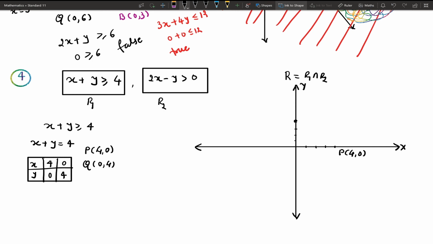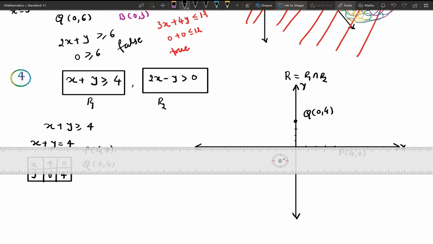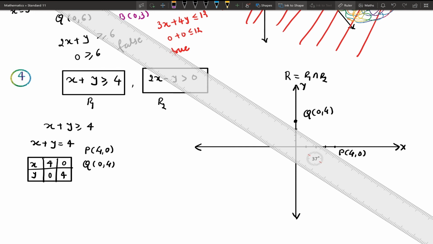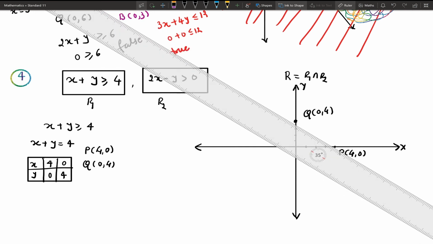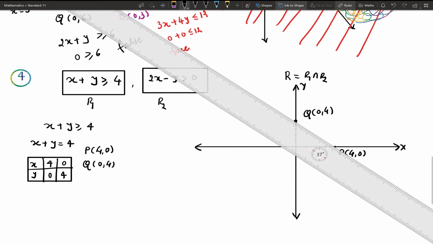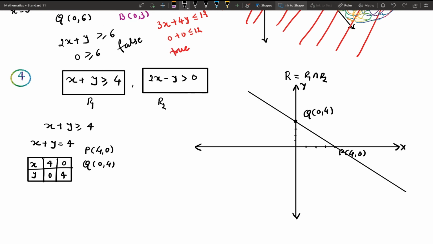Now let us join the two points P and Q. So this is the line x plus y equal to 4.